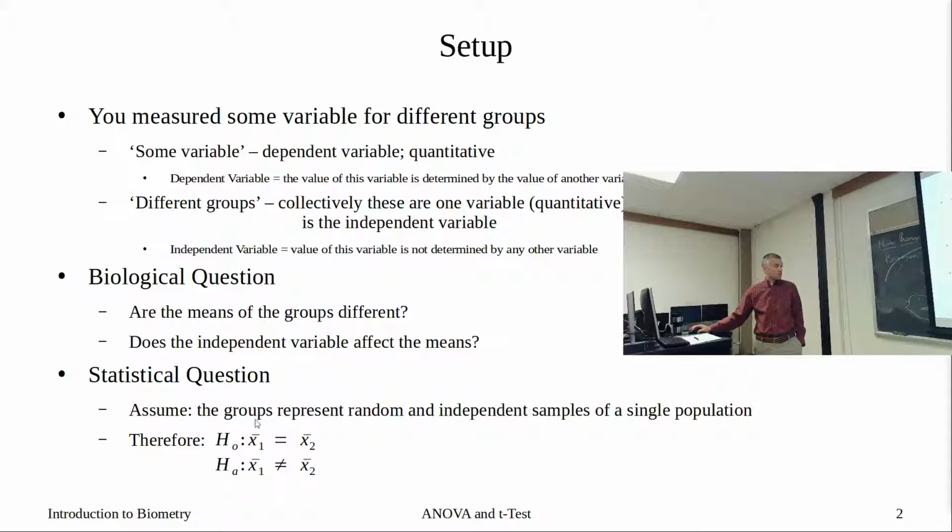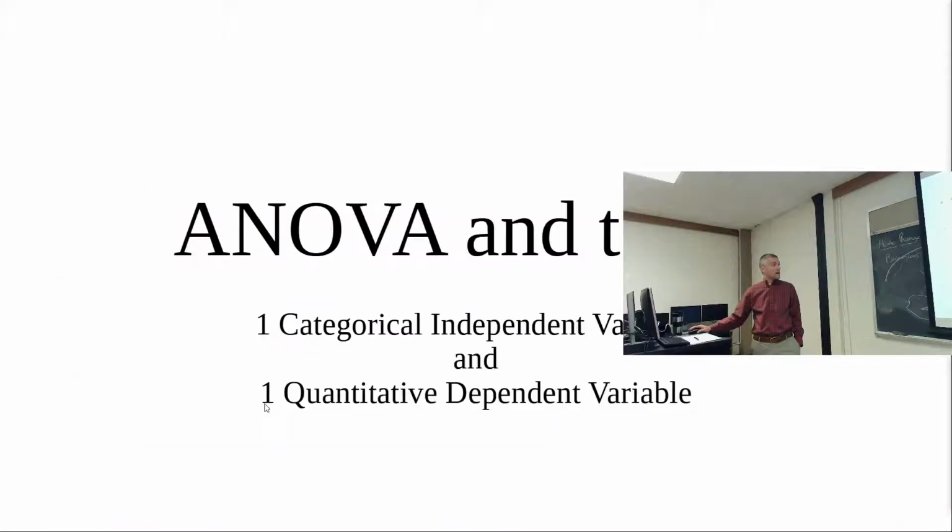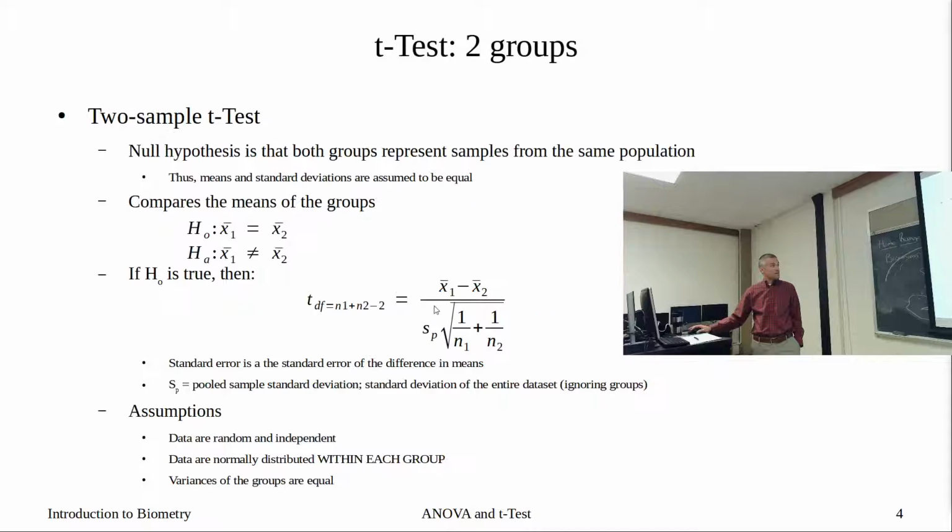So our statistical question is that the means are equal. If they're equal, then the difference of the means is equal to 0, and that allows us to do this transformation.